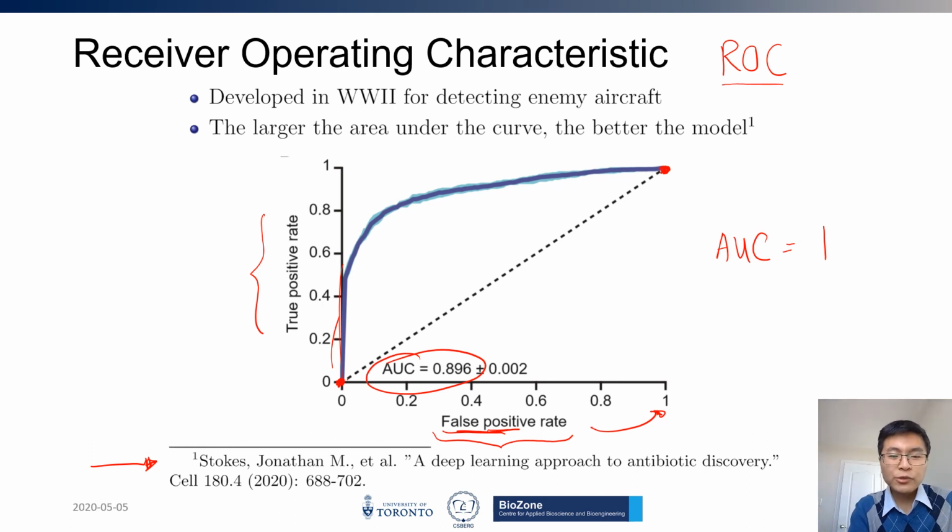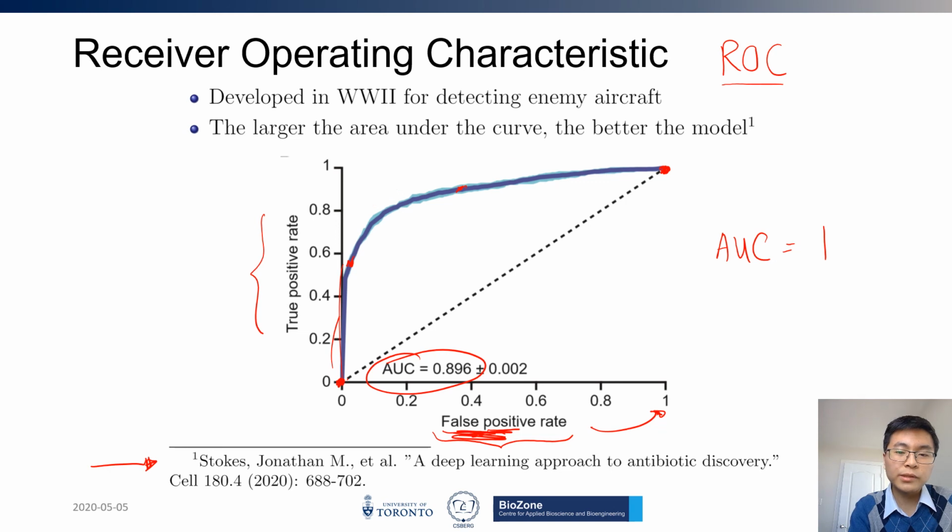So, how do you interpret any point on this curve? Well, that's essentially changing the threshold, right? As you move in this direction on the curve, you're essentially becoming more or less stringent in your criteria for classifying something as a positive. Because as you move along this side, you're effectively increasing the false positive rate. But if you're moving along this way, you're becoming more stringent on what is a positive.